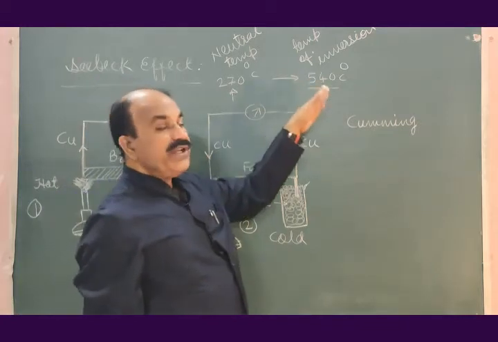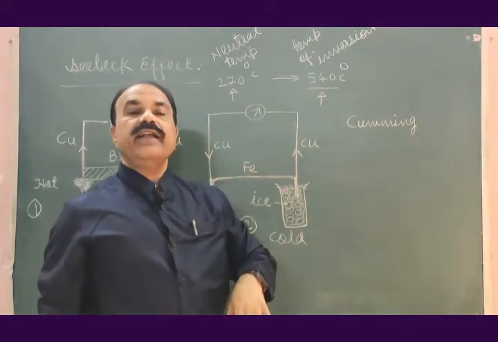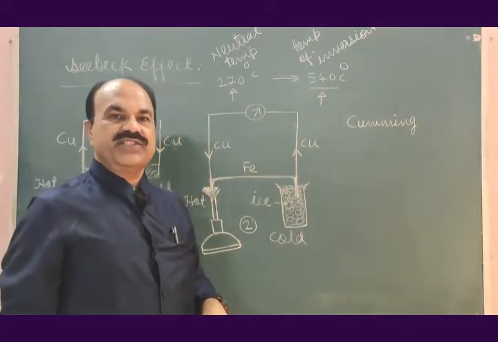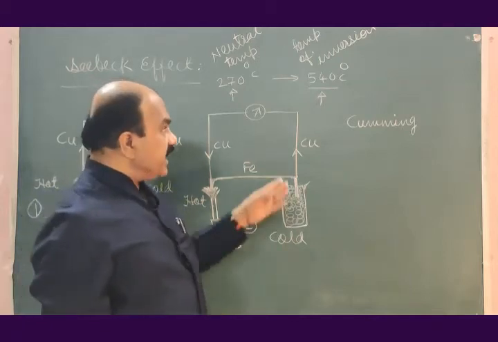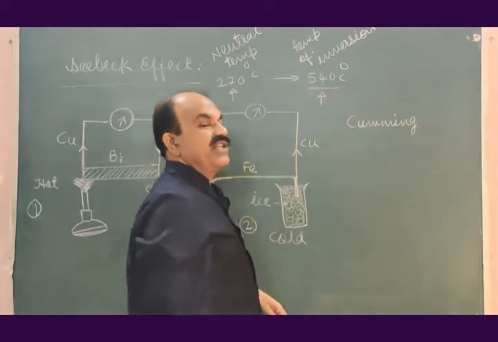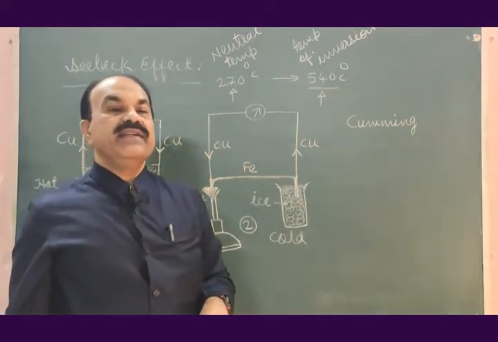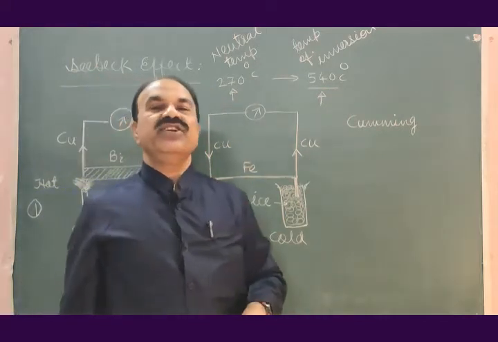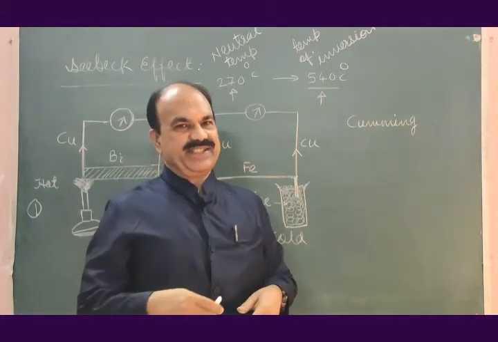Cumming continued heating beyond 540 degrees Celsius. When he continued heating beyond 540 degrees Celsius, he found that the current in the galvanometer reverses.